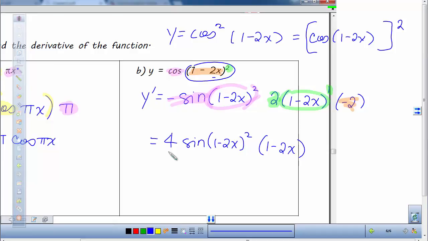Cosine is on the outside, right? So let me try to write it this way. This function y was cosine of something.